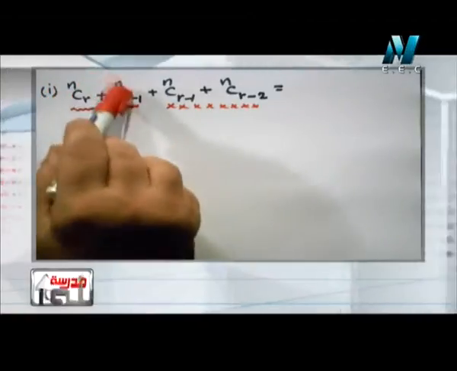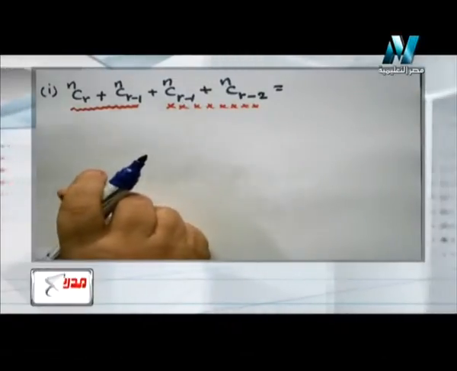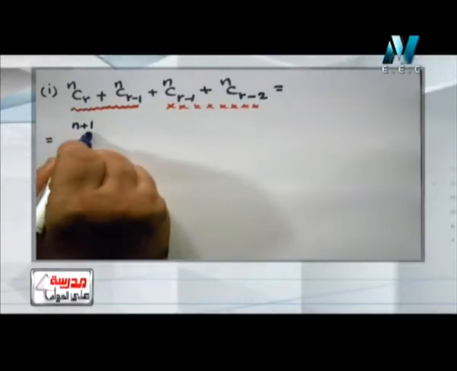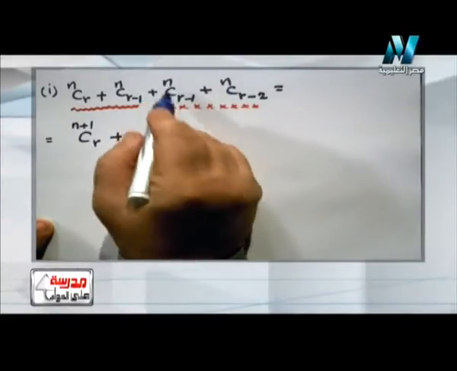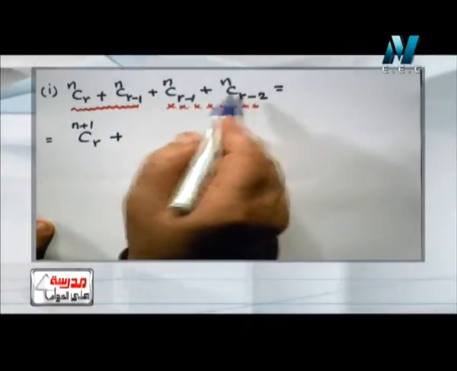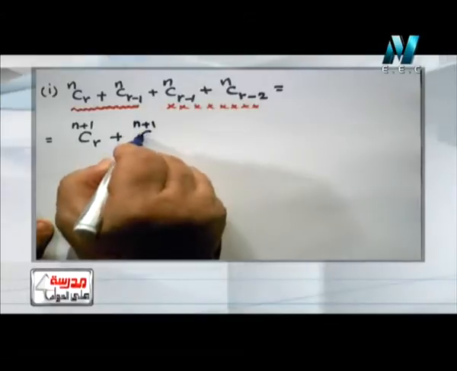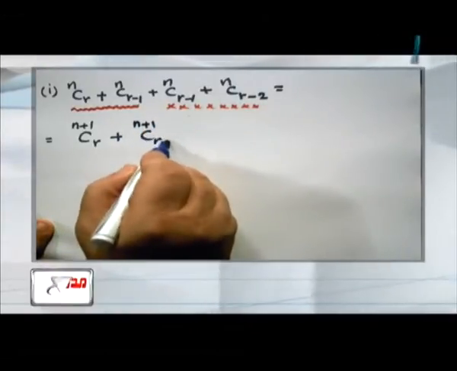In the first and third, NCR plus NCR minus 1, we agreed what happens: the N is increased by 1 and we write the greater R between them, so it will equal N plus 1 C, the greater of the two numbers, which is R. Take the third and fourth, NCR minus 1 plus NCR minus 2, having the same N and the greatest R of the two, so it will be N plus 1 C the greatest R between them, which is R minus 1.